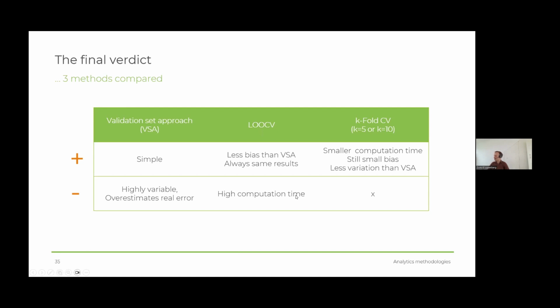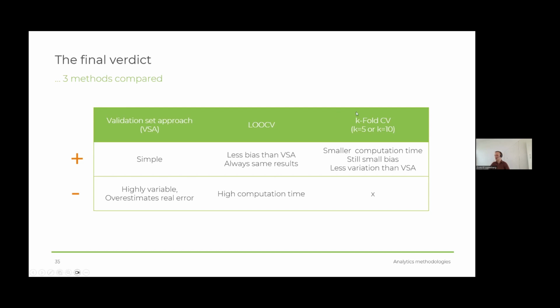Suppose it takes 1 second to train your model, then it's already going to take 3 million seconds to calculate the model performance using leave-one-out cross validation. So although this might theoretically be the preferred way to go, practically I think you will never use this.